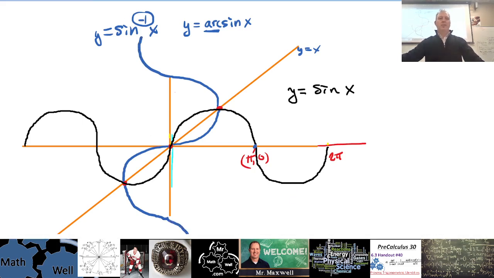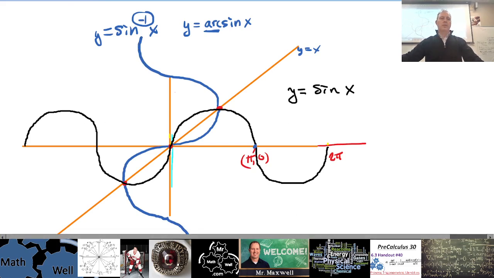But you can tell that a horizontal line going through the sine graph would intercept the graph many, many times. And so the inverse of sine is not a function. Sine is a function, the inverse is not a function. And the graph is flipped from a wavy graph going horizontally to a wavy graph going vertically. And this is the inverse sine function.